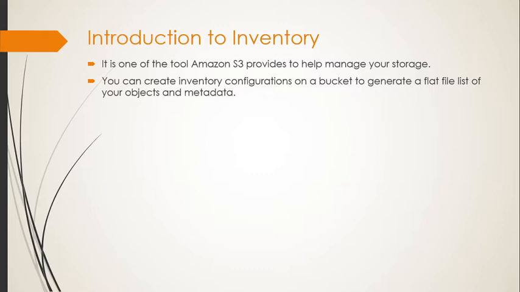It is nothing but a flat list of all your objects and their metadata. Suppose in your bucket you have a large amount of data, so many objects, so many files, and you want to get a flat list of all your files and their metadata. You can configure inventory and you will get one flat list of all your objects and their metadata.